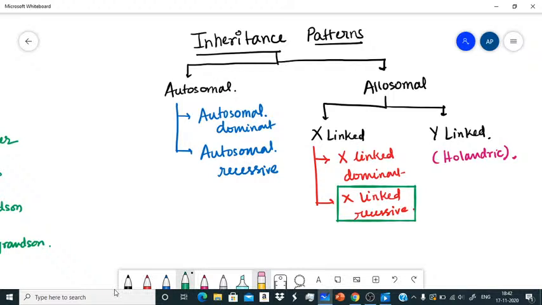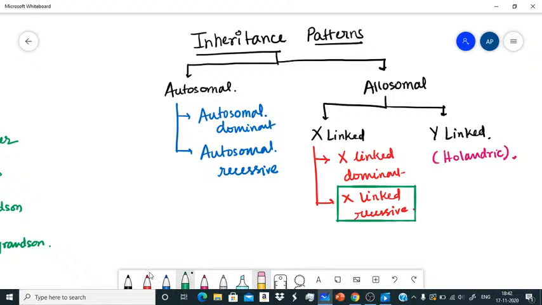We do not have to delve deep into autosomal dominant, autosomal recessive, X-linked dominant, or Hollandric inheritance patterns. We just need to know what X-linked recessive inheritance is and two diseases linked to that.